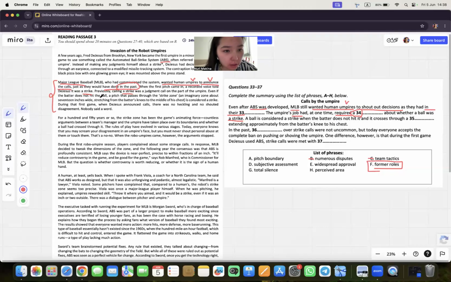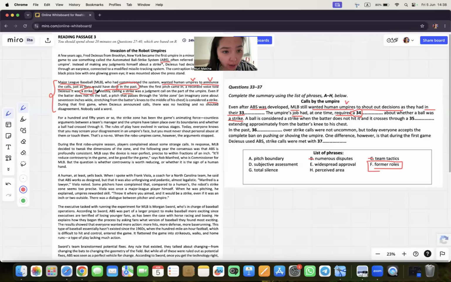Even if the batter does not hit the ball, a pitch that passes through the strike zone, an imaginary zone about 17 inches wide, stretching from the batter's knees to the middle of his chest, is considered a strike. So we do have some key words here. So the answer starts from this point, since we have the word strike here.